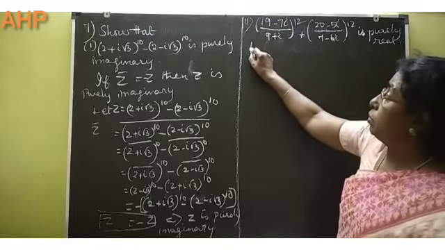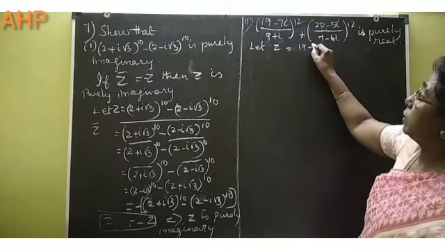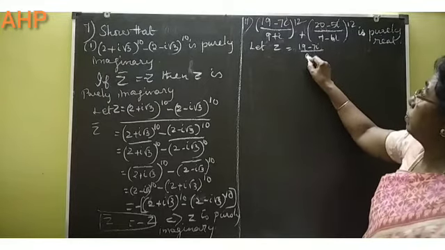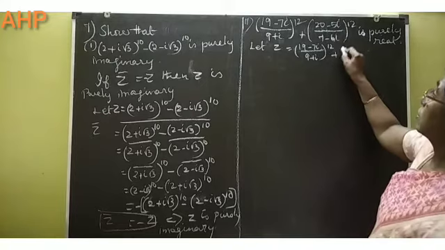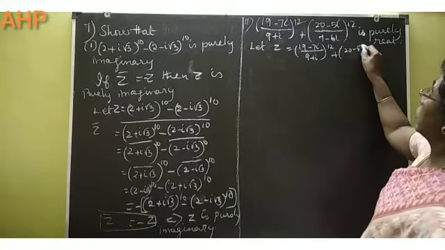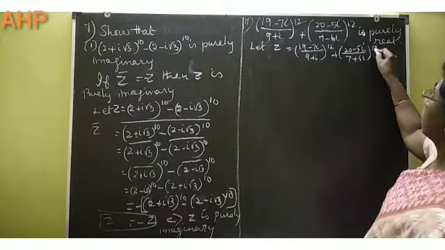So let us assume that z is equal to (19 minus 7i by 9 plus i) the whole power 12 plus (20 minus 5i by 7 plus 6i) the whole power 12.